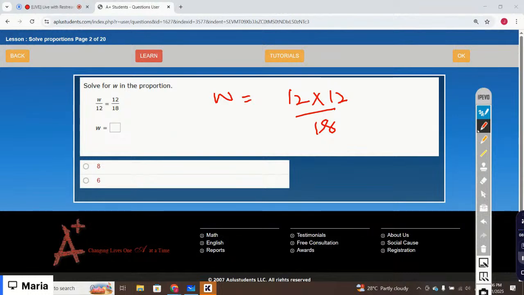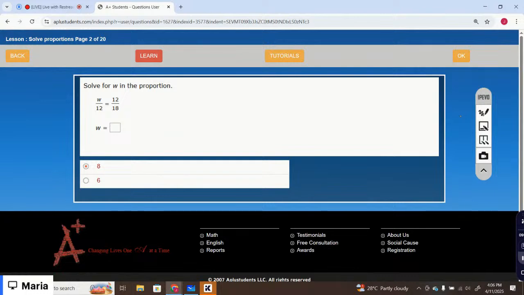That is 3 times 6 is 18, 3 times 4 is 12, 6 times 1 is 6, and 6 times 2 is 12. So 4 times 2 is 8. The correct option is 8. Option number 1 is the correct option. 8 it is.